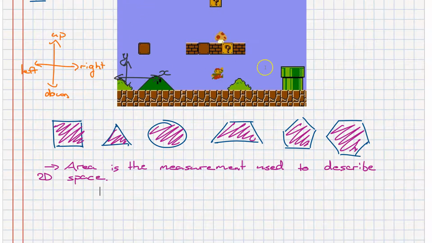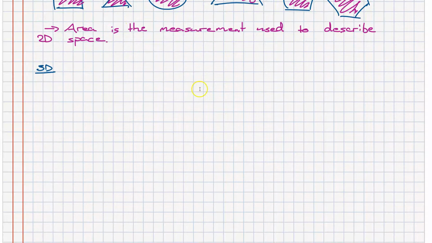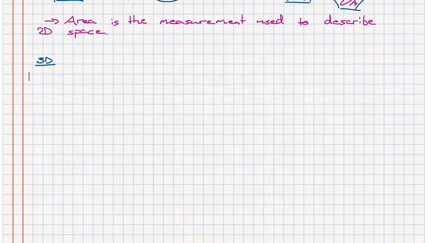Awesome. Now, moving on from there, we've had a look at 1D space and we've had a look at 2D space. Let's have a look at something even better. Let's have a look at something called 3D space. So, in 2D space, what we found is that we could move up and we could move down, and then we could move 90 degrees either right or we could move left.